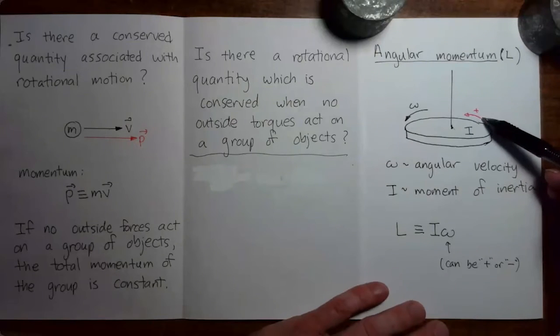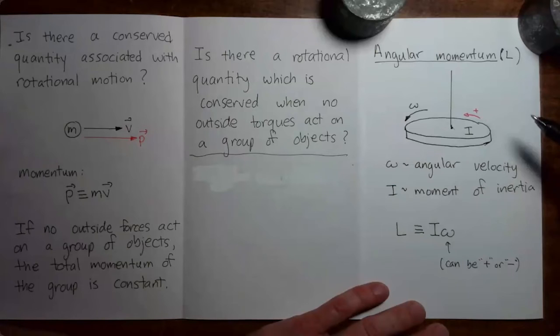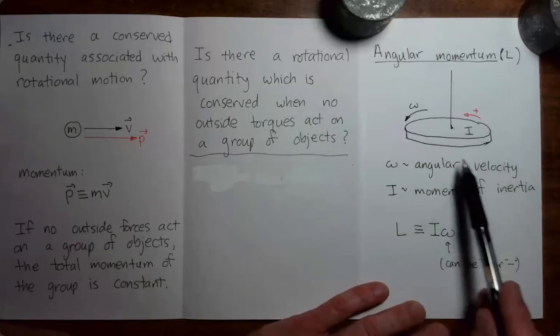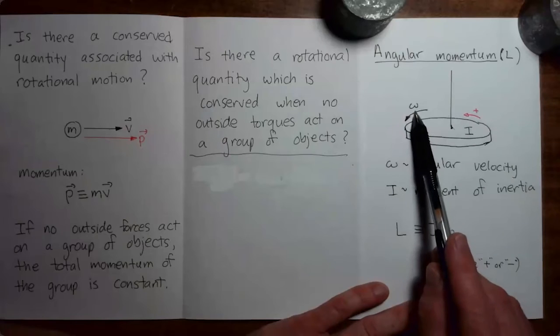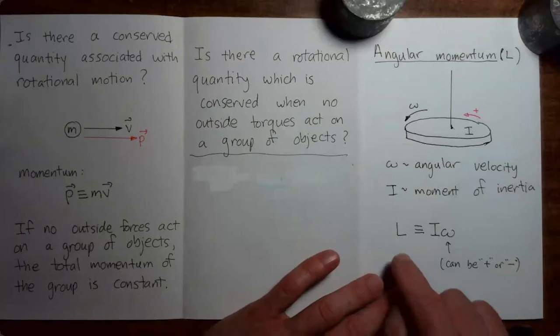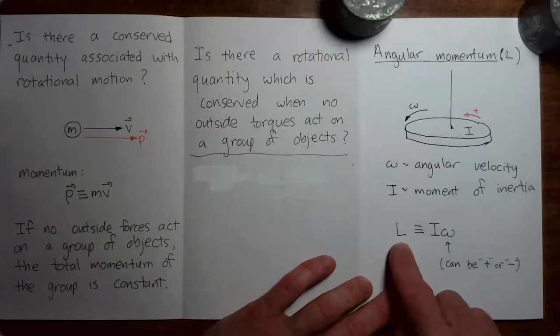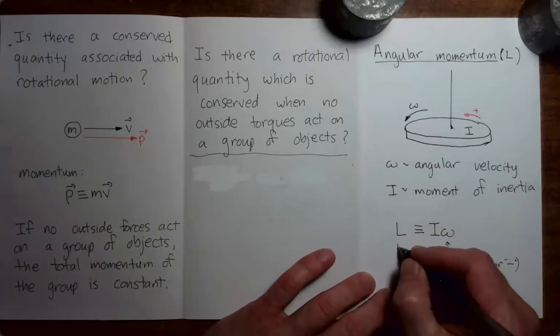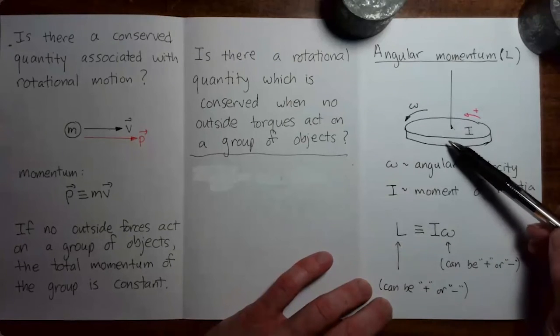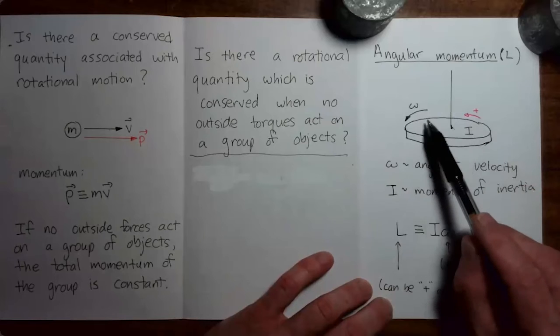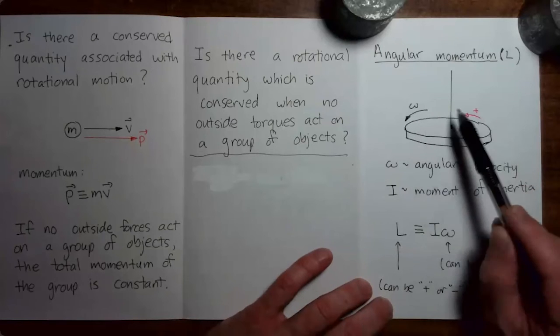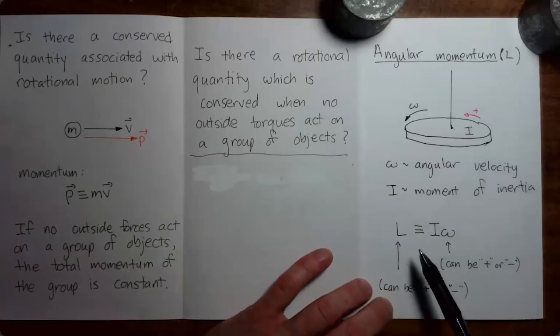So in this figure here, I have defined counterclockwise to be the positive direction for rotation. If the object is rotating counterclockwise, it has a positive angular velocity, and therefore a positive angular momentum. On the other hand, if the angular velocity was negative, which in this case would mean that the object is rotating in a clockwise sense, that would mean that the angular momentum was negative as well.